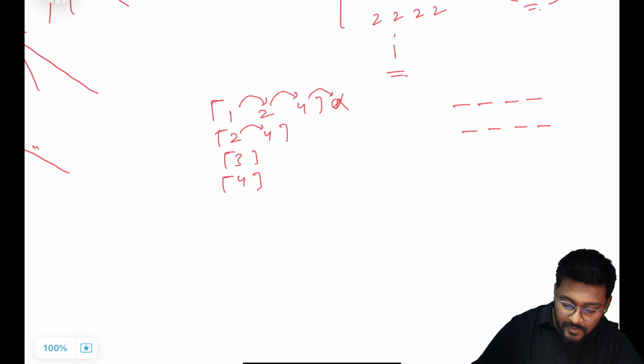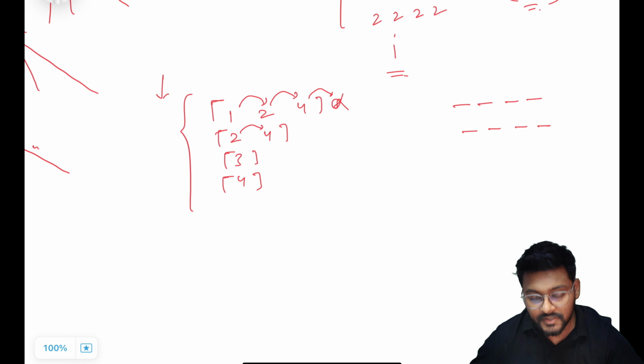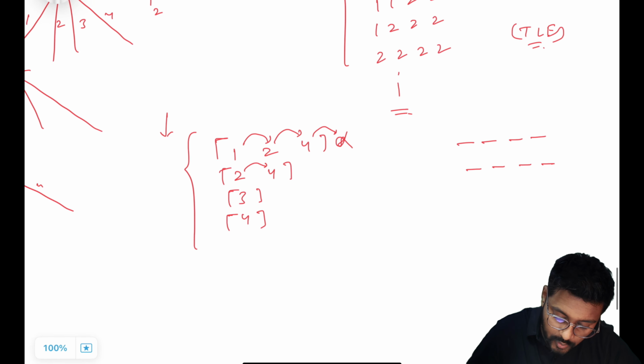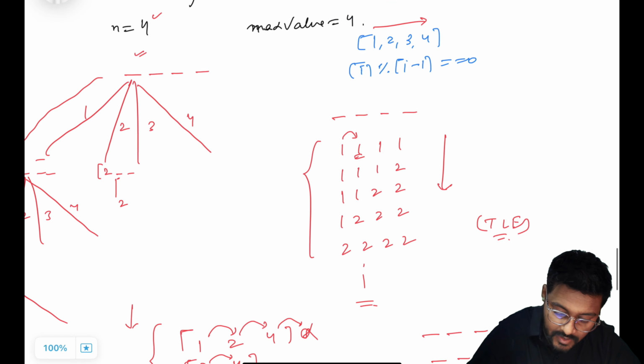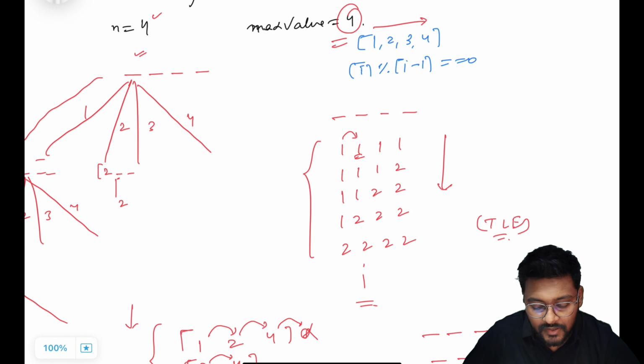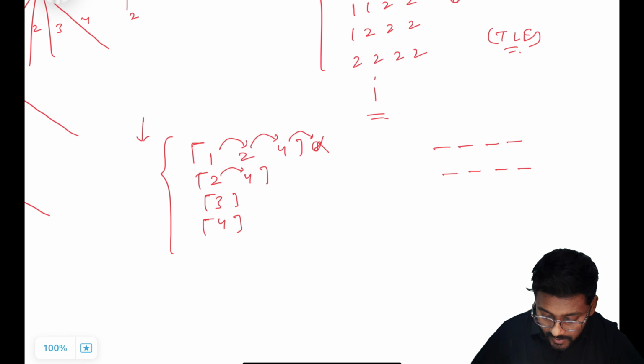So this is how I can avoid the case where I'm getting the same element again. And why am I not going ahead of 4? Because the limit is max value. I cannot cross any value which is greater than max value. So this is the only possibility I got.